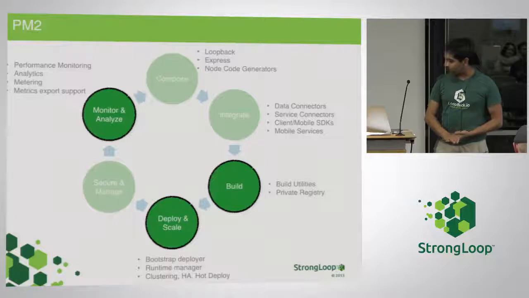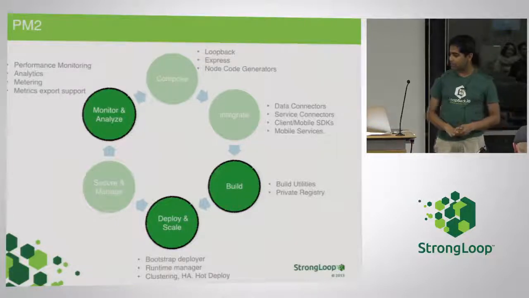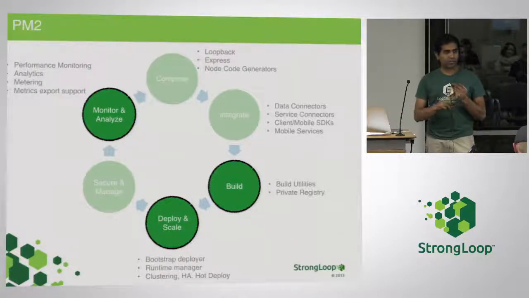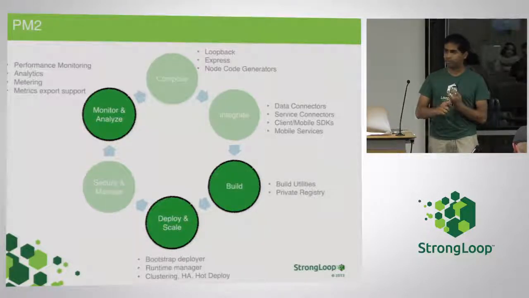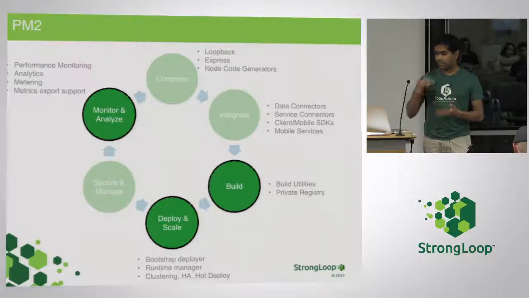So we go back to our chart to see what's going on. We took care of build because StrongLoop provides the build tool. We took care of deploy and scale with PM2 and Arc. And we took care of monitoring, and actually much more detailed monitoring than a couple of the other tools out there. And this also lets you figure out when stuff breaks.